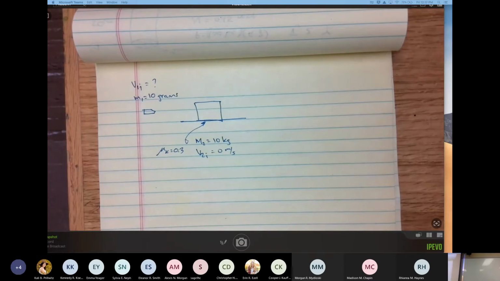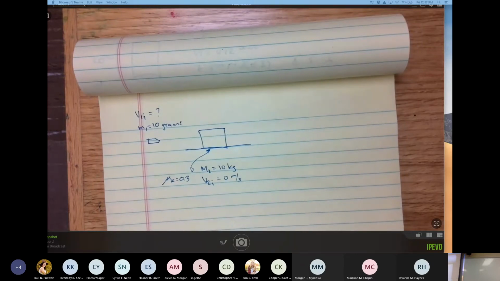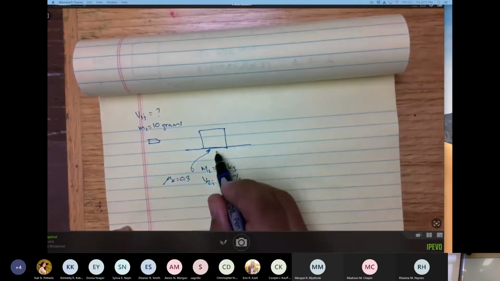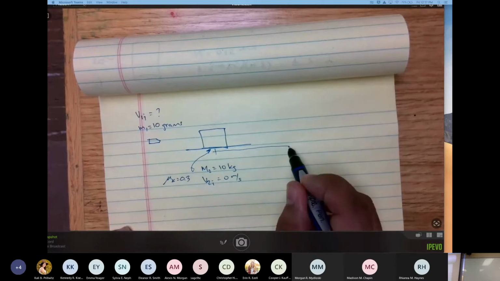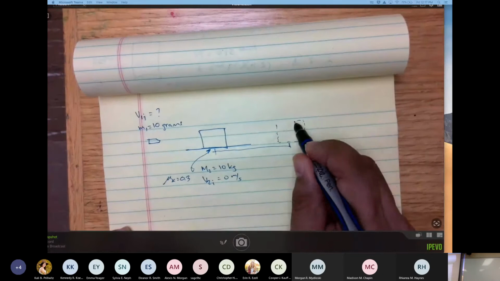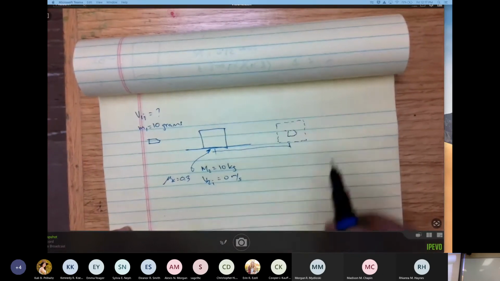Now, you shoot the bullet, and the bullet gets embedded in the piece of wood, and the bullet is going to push the block forward. And something that you can measure is the displacement of that block. So you can imagine the bullet inside the block, and you can measure this distance.